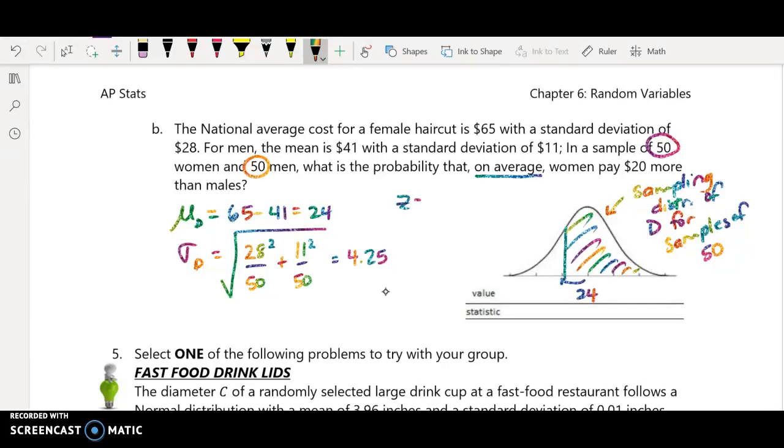Okay, so Z is 20 minus 24 over now 4.25. So -4 divided by 4.25, and I get -0.94. So almost one standard deviation.